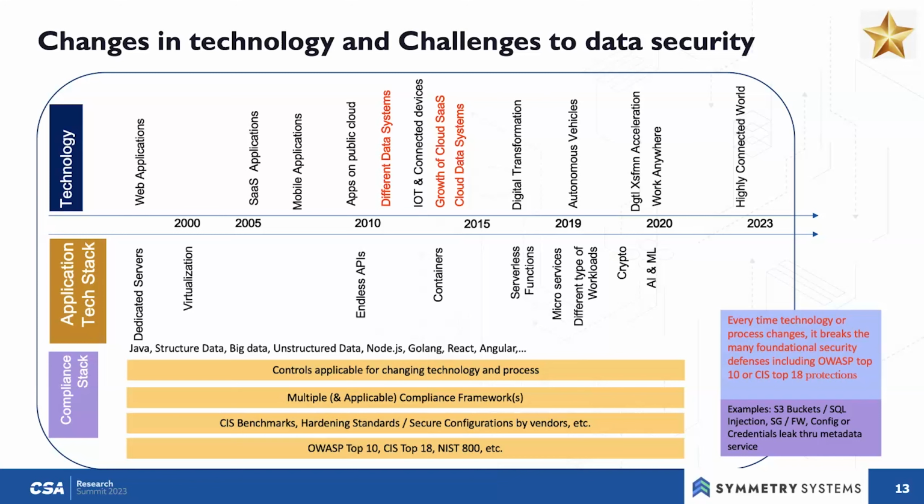Data used to be, the critical data used to be, primarily only in RDBMS like Oracle, SQL Server, and IBM DB2. But in the last 15 years, it is in Hadoop, big data, different types of NoSQL databases, cloud data systems, and so on. What it means is we need to understand the inherent vulnerabilities and any risk coming through these new types of data systems.